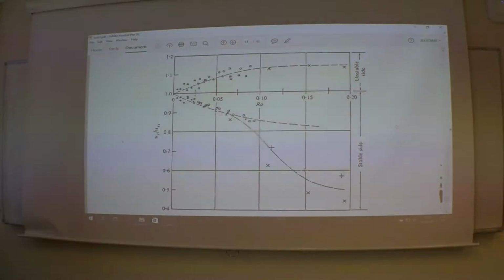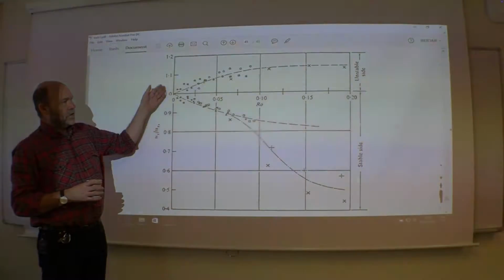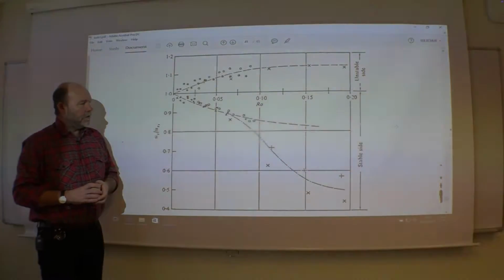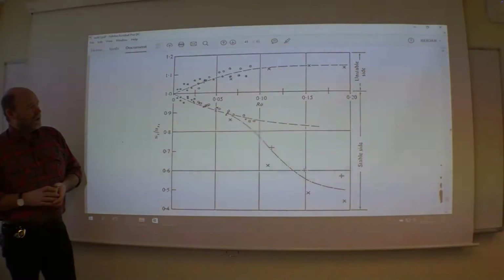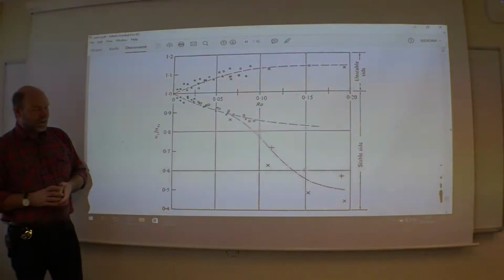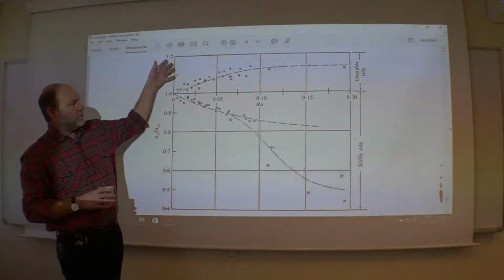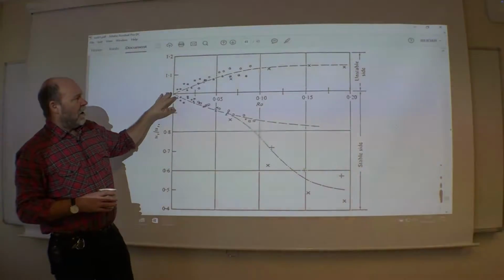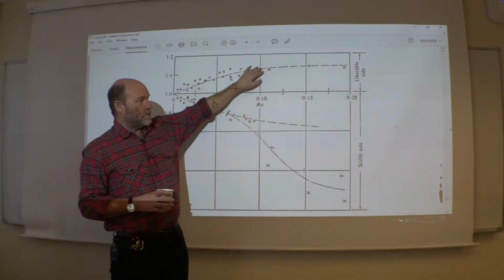Here it's the skin friction velocity on the two different sides of a rotating channel. And these are some measurements done by Johnston in the mid-70s. So on the pressure side, you increase the turbulence, higher and higher friction forces.